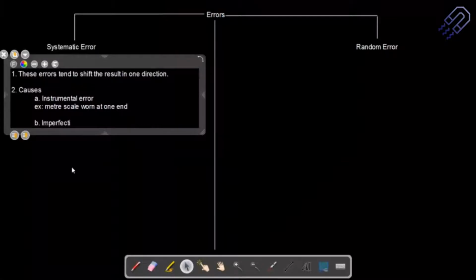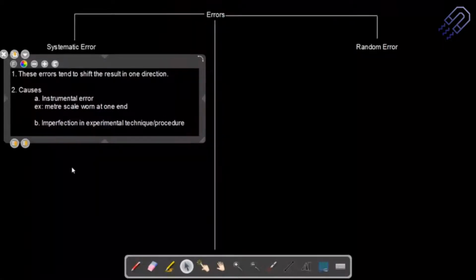So if you're doing any kind of experiment, be it theoretical or experimental, or any kind of project work, rather, in these cases it's very important that you include error as one of your result. Okay, so imperfection in experimental technique or procedure.